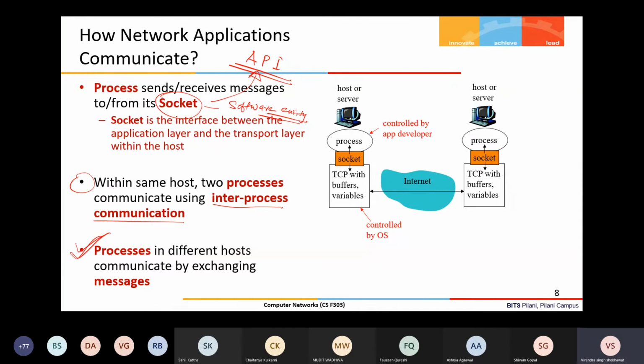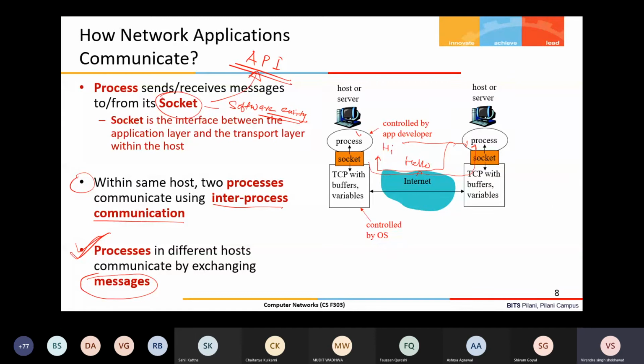Processes in different hosts, how do they communicate? Different hosts communicate by exchanging messages. There is no other way. Suppose this process wants to say hello to this process. This process has to send some information, say hello, and that hello will be received, and then this one will reply back via the same network, saying, okay, hi.